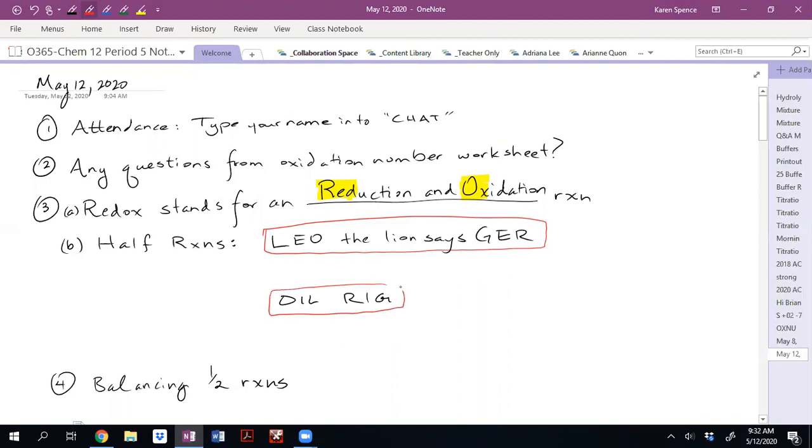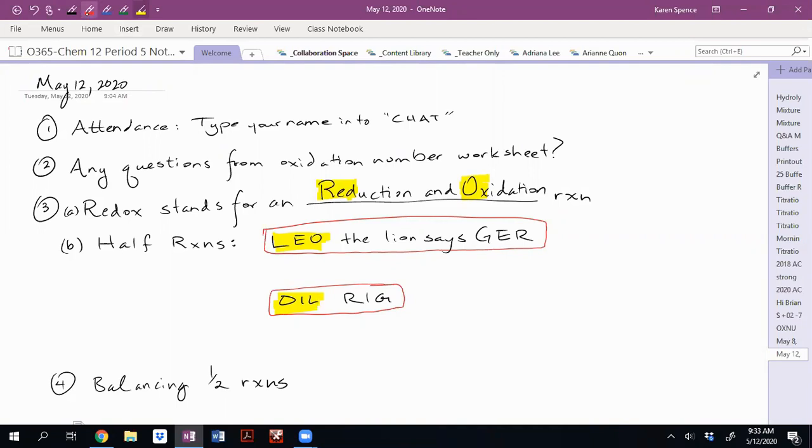Does anyone remember, or there's another one, oil rig. Does anyone remember what either Leo or oil stand for? Anyone remember what those are for? Loss of electrons, yeah, or something like that.